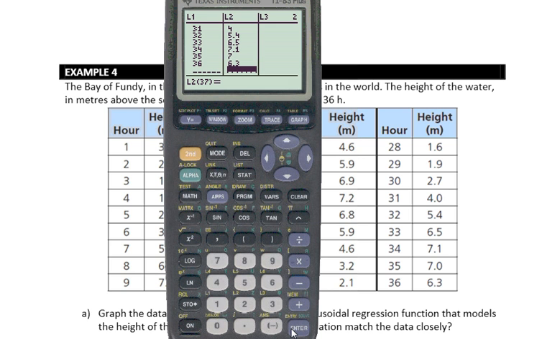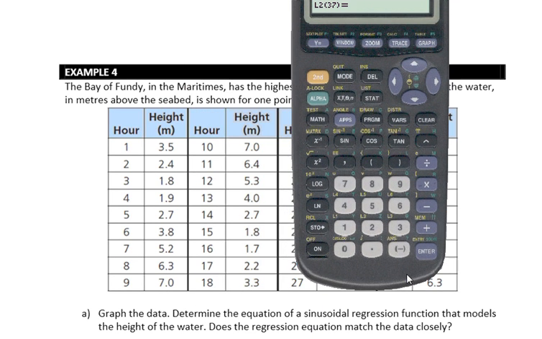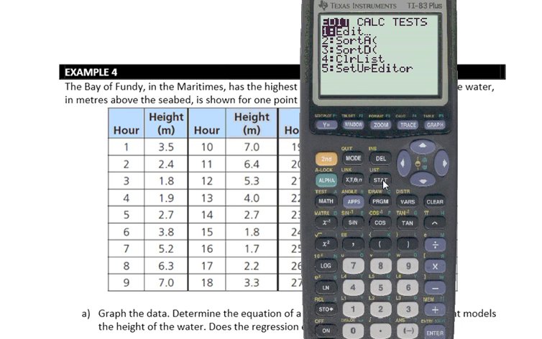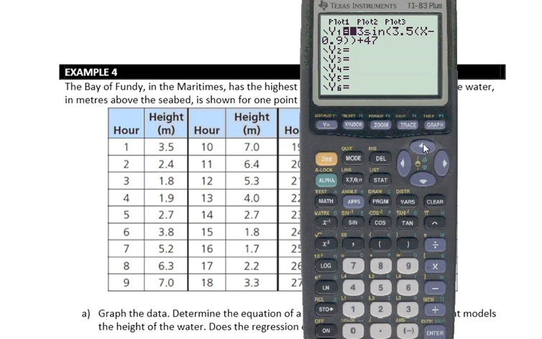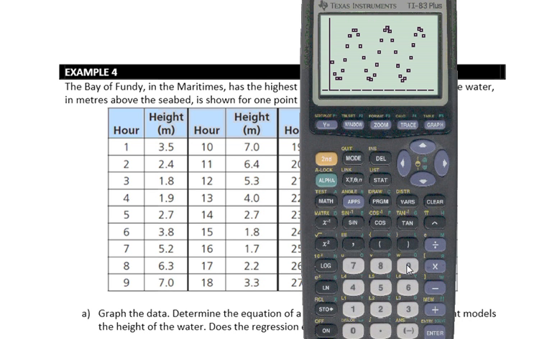Okay, so what are we gonna do next? When they give you all this data, stat. Now, does it say what type of regression we're gonna do? No, we have to actually. Oh, and then it goes on and says sinusoidal. So now we do know. They might not tell you, but if you go zoom 9, as long as your stat plot's on, you should be able to figure out what it has to be. Well, linear, no, right? If you actually graph it, it'll be obvious to you, okay?